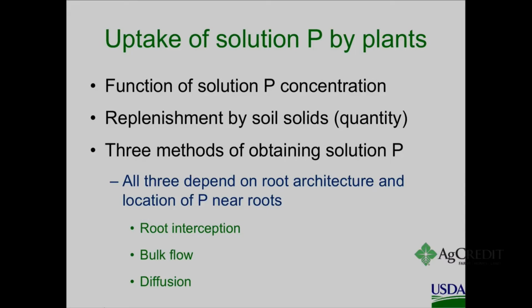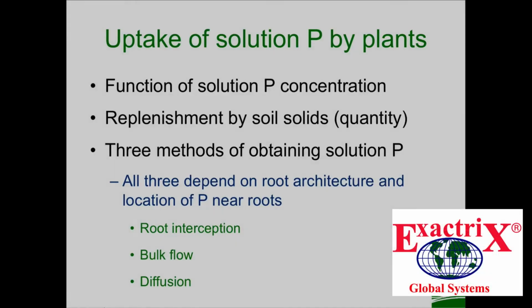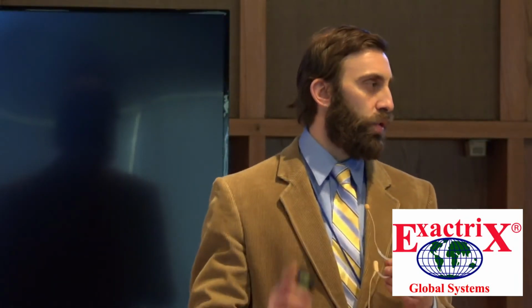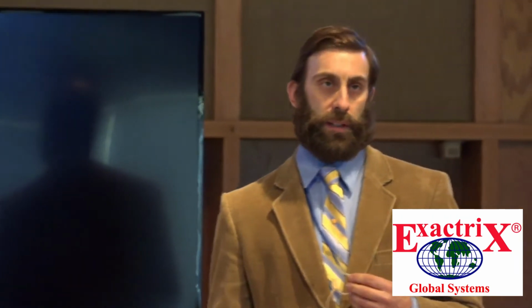And those three means of plants taking up phosphorus are root interception, any nutrient for that matter. Basically, the root runs right through it, and directly in the vicinity, everything it goes through, it can take up that phosphorus in solution. Bulk flow, which is as the plant's just taking up water, whatever happens to be in solution, it's taking it up. And the last one is diffusion.